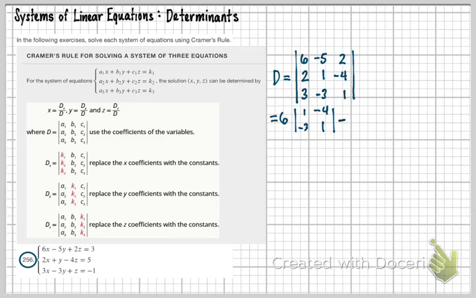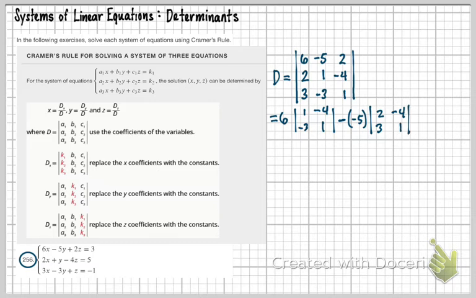I always negate it. And that's going to be a -5 there. So I'm going to put the -5 there, and that's going to be times the determinant of, and I take that row and column out. It's going to be the 2, 3, and the -4, 1.